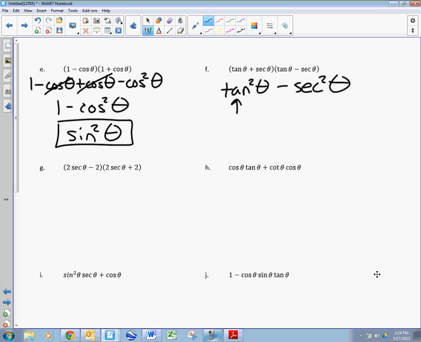We all agree that tangent squared is secant squared minus 1, right? That's written right on your sheet. So if you put that in and go minus secant squared, the secant squareds cancel, you get negative 1. There's lots of ways to do the problem, but that's one way.